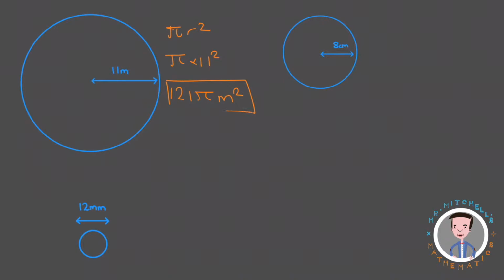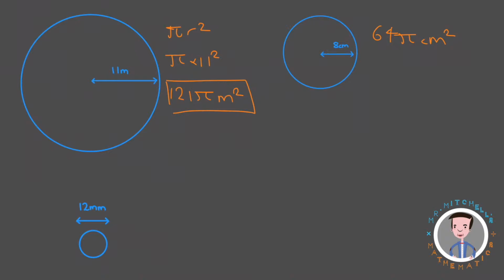Good, that is our final answer for question 1. For this second one in the top right, we do pi r squared, or 8 squared, which is 64, times pi centimeters squared.